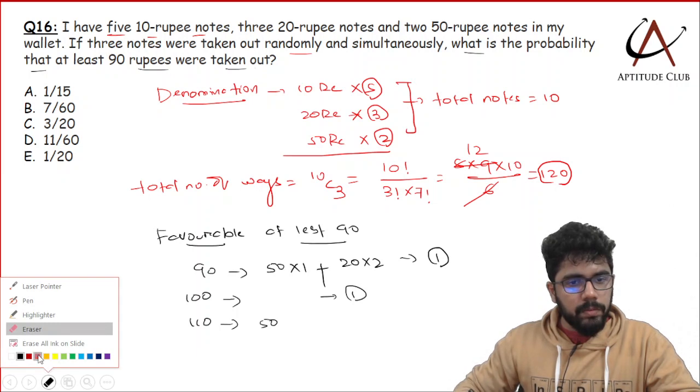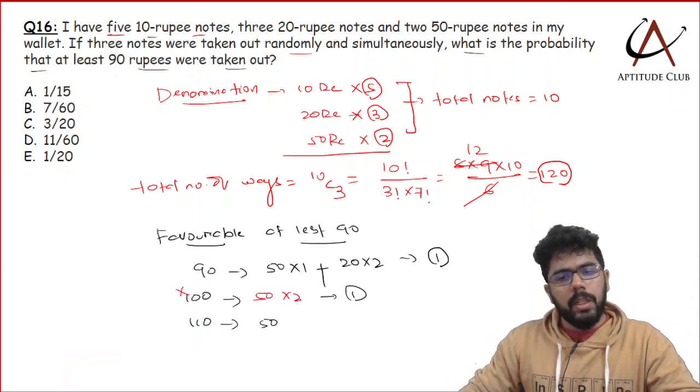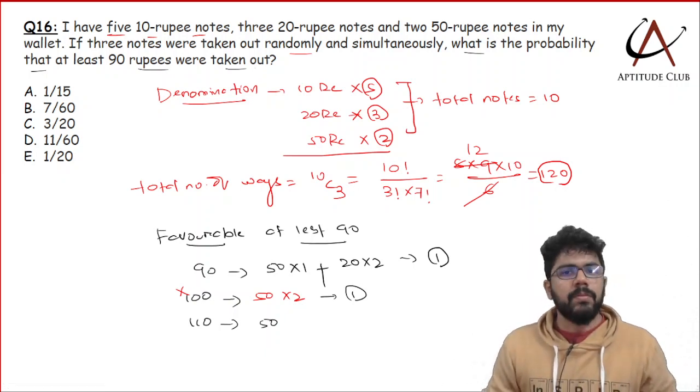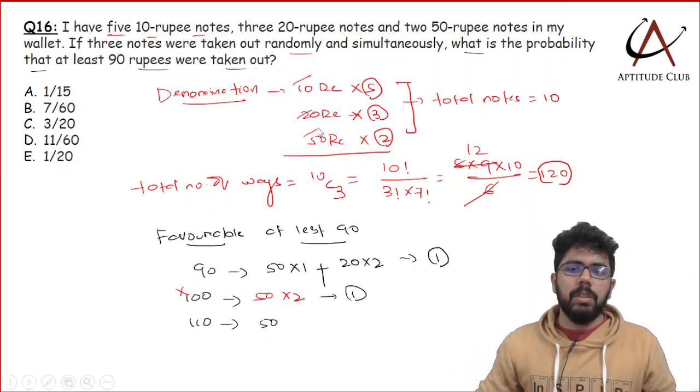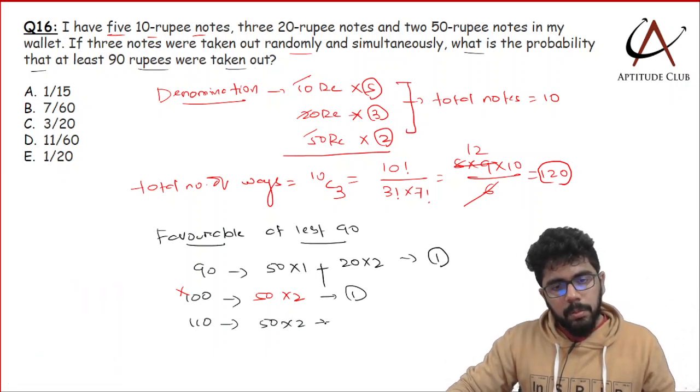I don't think so. 100 rupees is not possible because 50 into 2 is coming, and if I use 20 rupee notes, I will need 4 notes with this denomination. So 100 is not possible. 110 is possible: 50 into 2 plus 10 into 1, this can be done in one way.